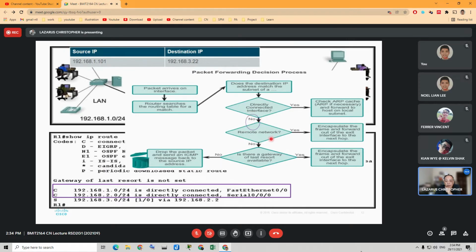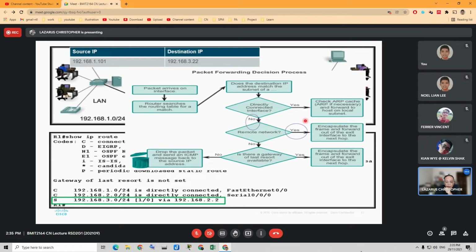Then the next option. But if it doesn't match, then it will go there. Because we can see that it doesn't match the C, but for the remote network, it matches.